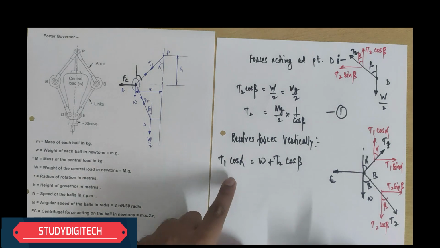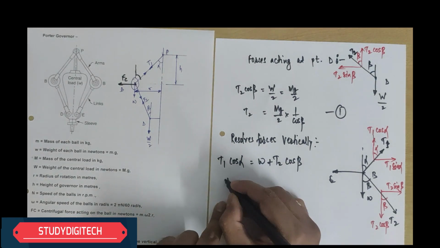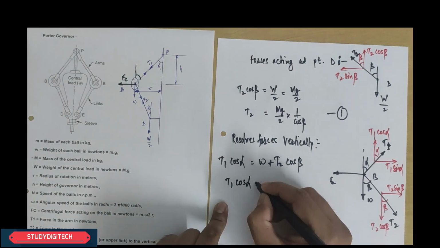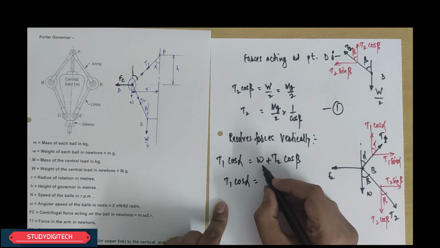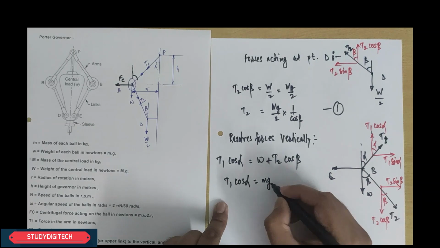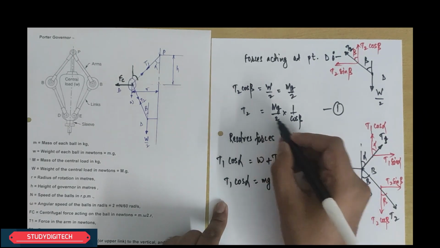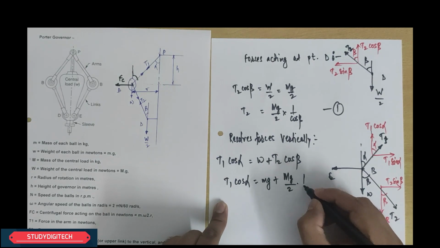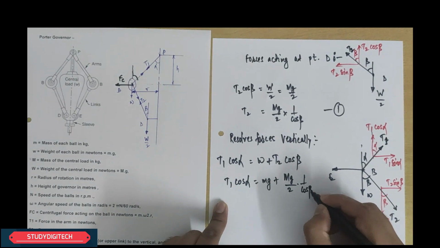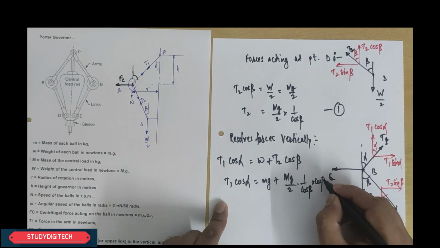Now this equation we will write in terms of mg. So small w means small mg plus T2. So from equation 1 we have T2 equal to Mg by 2 into 1 by cos beta, into cos beta.